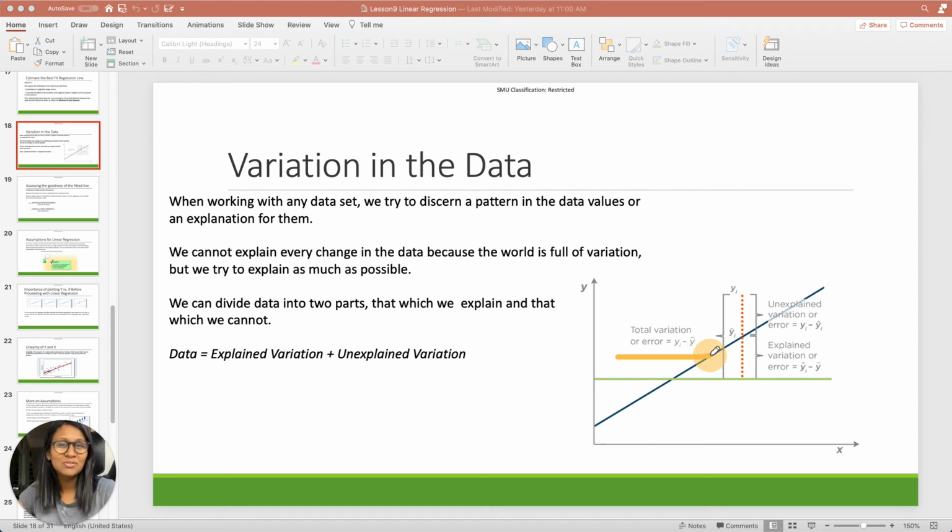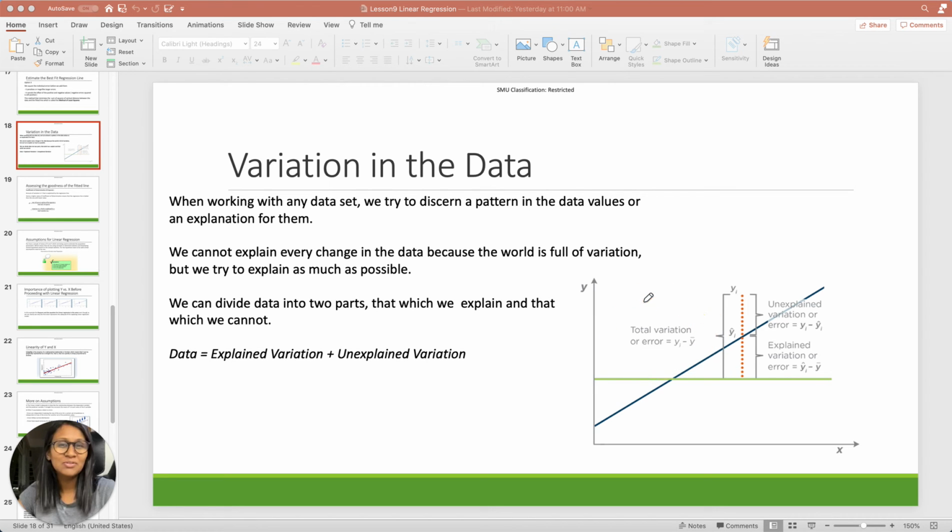The total variation in y is essentially the difference between yi and y bar. Like I said, variation is always with respect to the mean. So when yi has a particular value and y bar is the mean of y, the difference between them is called the total variation.